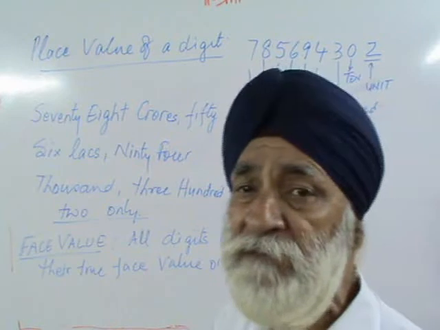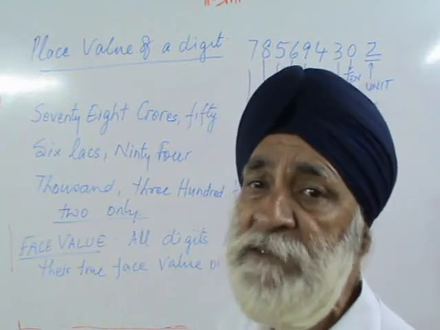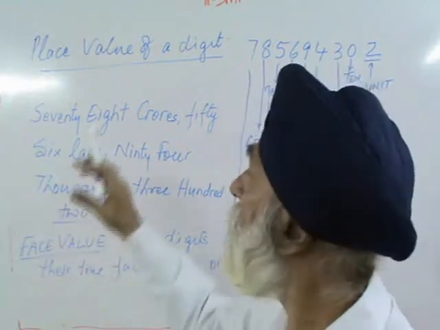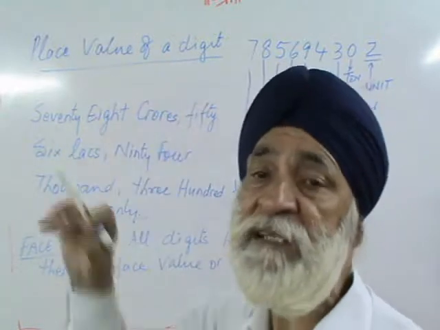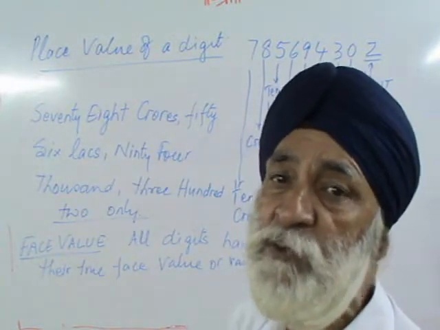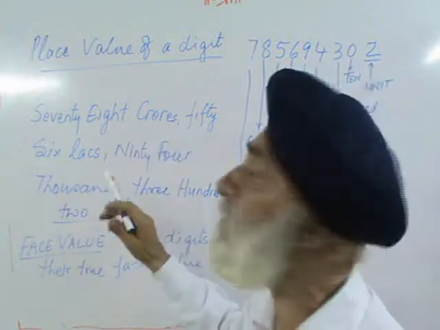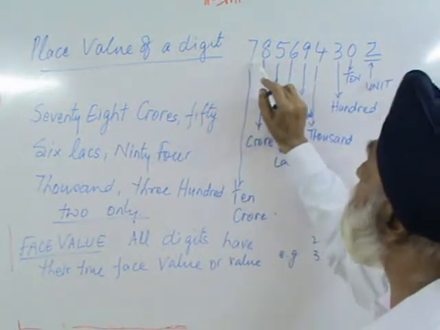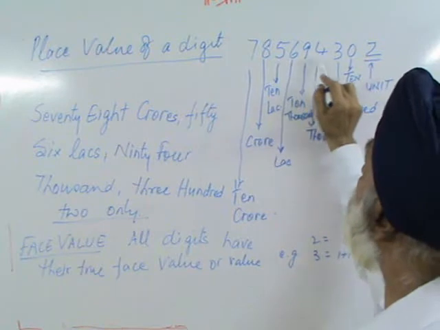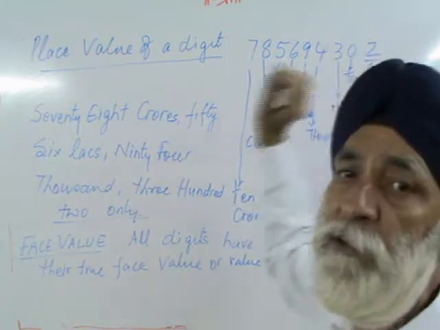that most people cannot spell out a big number written, because they are not able to judge the face value or the place value of a particular digit. Like I have written the number 7, 8, 5, 6, 9, 4, 3, 0, 2.